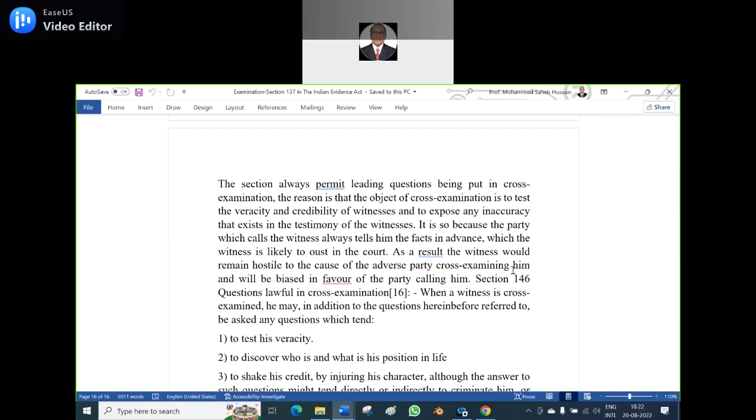Definitely, and he may also train the witness. Whenever you ask the question, you repeat the same wordings, with no change of wordings, which the witness is likely to use in court. As a result, the witness would remain hostile to the adverse party cross-examining him, and he will be biased in favor of the party calling him.